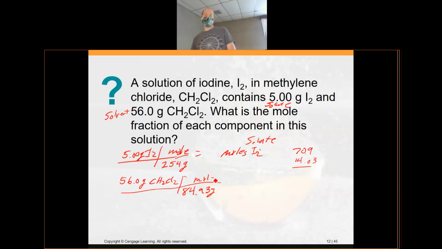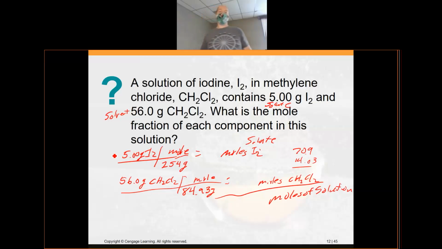You just look that up on the periodic table, and that's going to give you your moles of your methylene chloride. So you simply add those two up, and you will have then your moles of solution. So when you want your mole fraction, you take your moles of your solute, divide by your moles of solution.